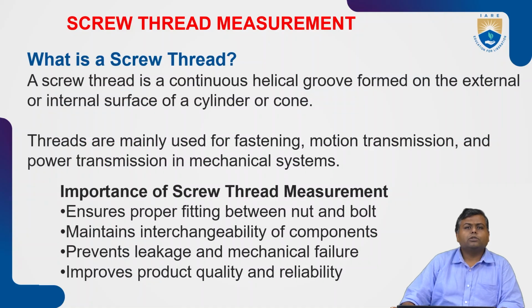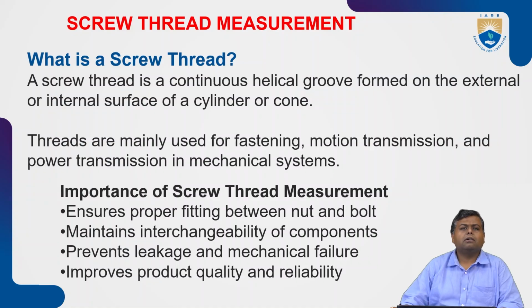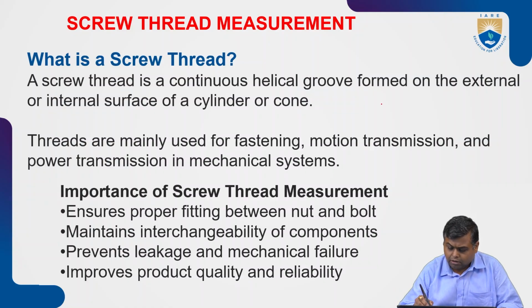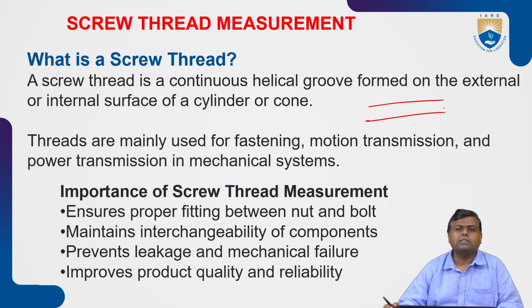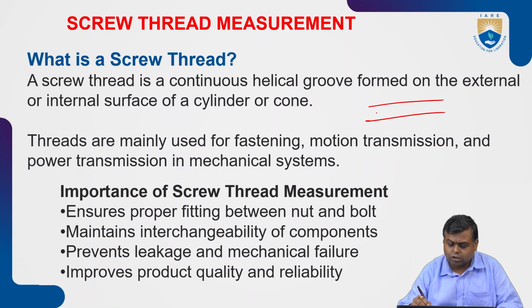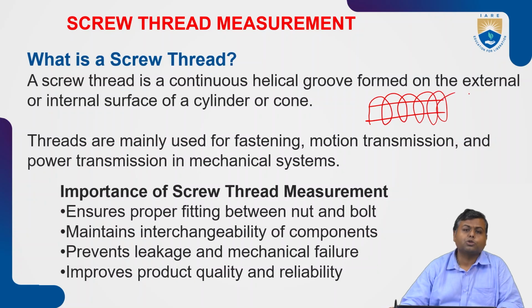Generally, a screw thread consists of helical grooves formed on the external or internal surface of a cylinder or a cone. In general, if a shaft is engraved with helical grooves, then that is termed a screw thread.